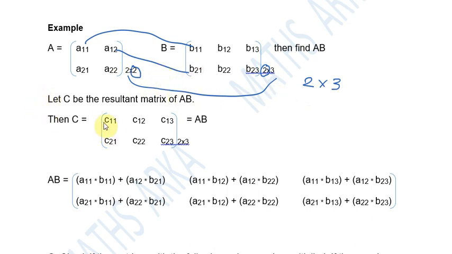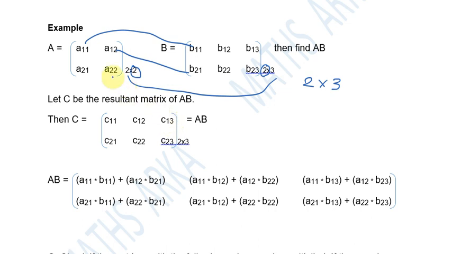Now if we take a resultant matrix C23, it is a generalized matrix. It doesn't contain any specific element, it just has the subscript given. The first row first column element is written as C11, and similarly for each of them. Whichever element of the resultant matrix you want to find, for example C13, 1 is the row and 3 is the column.